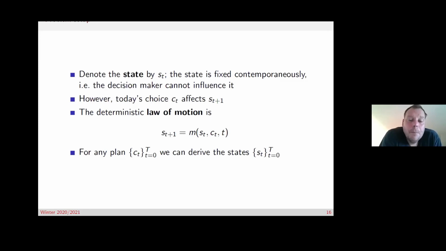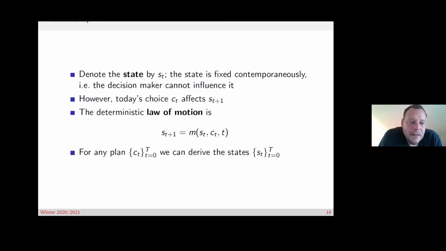My choices or my controls affect the state that I'm in the next period in a specific way, governed by a law of motion: given the state that I'm in today, my choice will result in a new state in the next period, in t+1.